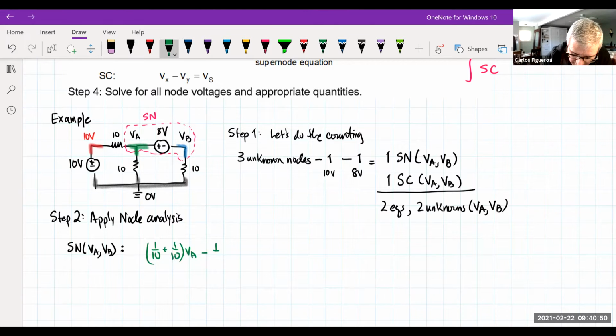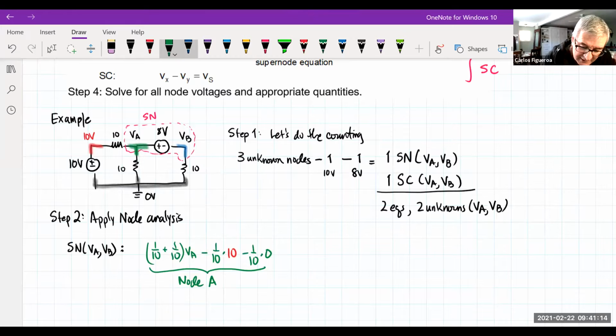Well, there's a 10 connected to the 10 volt source, right? And then I have the 10 connected to the 0 volt source, and that's everything connected to node A.